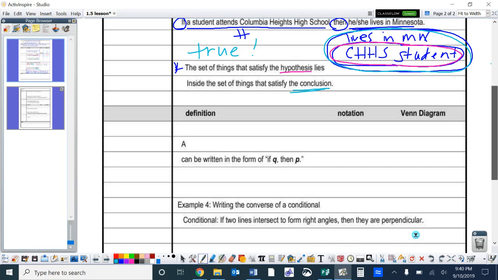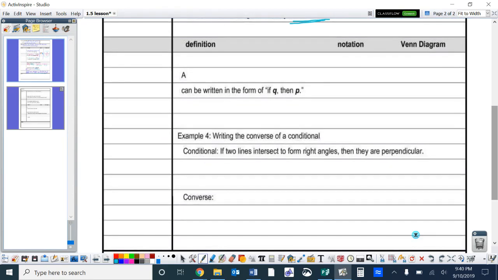There is one more thing we can do with if-then statements. We can flip the order. So a converse statement can be written in the form of if Q, then P. I like to think of Converse tennis shoes, my Chucks, they move when my feet move. So what we're going to do is move the conclusion to the front.